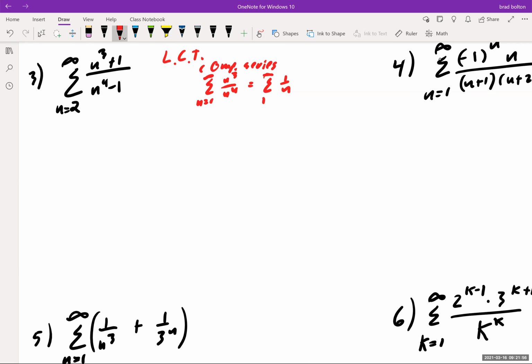So what I'm going to do then is take a sub n. We're going to take the limit as n approaches infinity of n cubed plus 1 over n to the fourth minus 1, divided by 1 over n. But dividing by 1 over n is actually the same as multiplying by n.